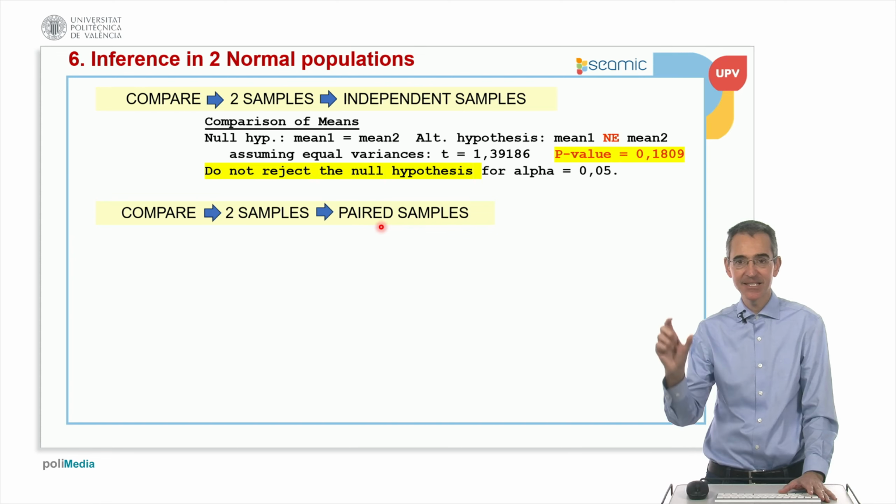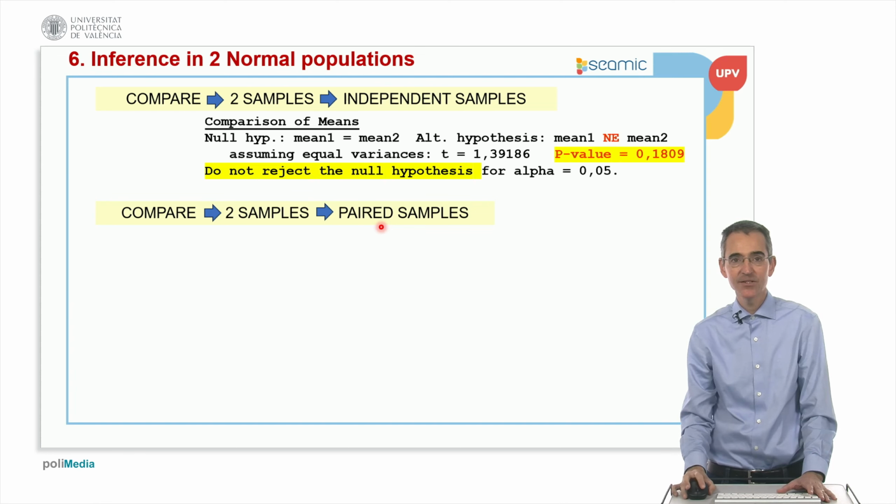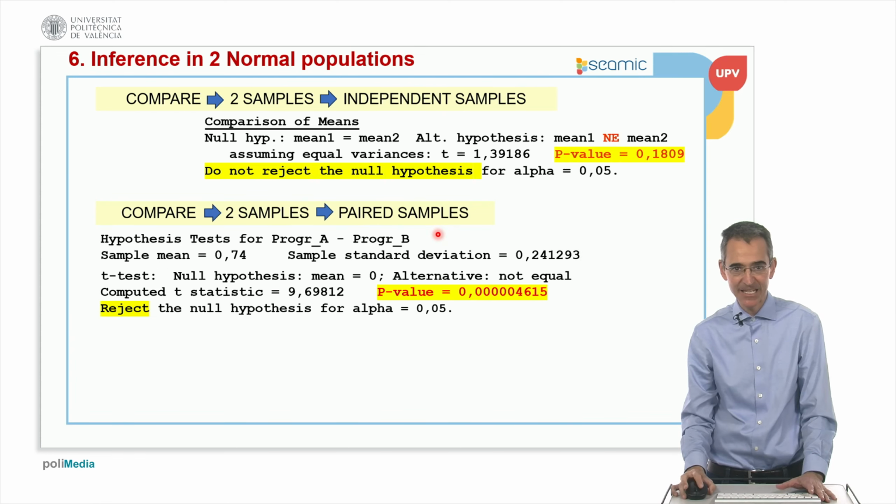Paired samples means that we have pairs of data: for one file, the time in one program and the time in the other program. For another file, the time in one program and the time in the other program. So the best method is to apply paired samples.